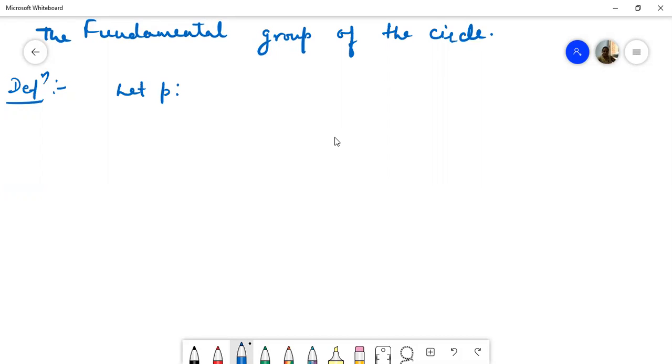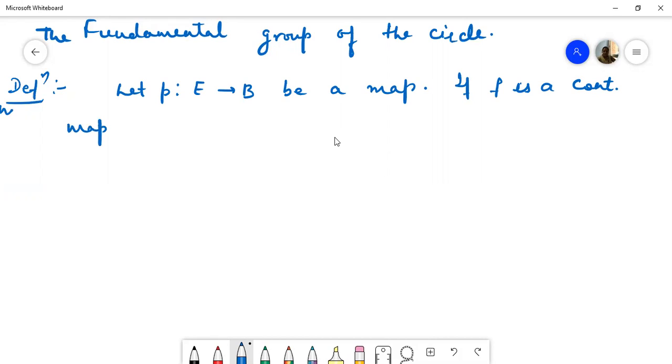Suppose P is a map from E to B and F is a continuous map of some space X into B. Then what is the lifting of map F?